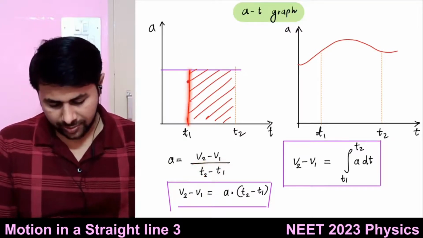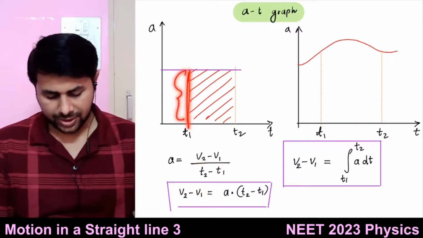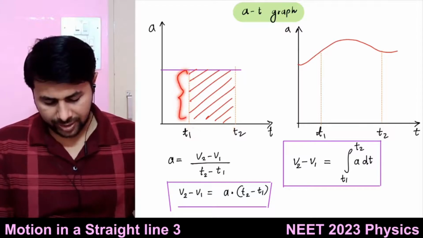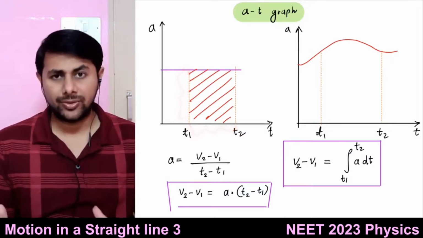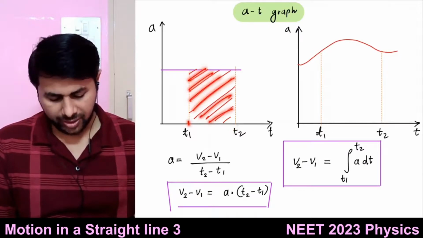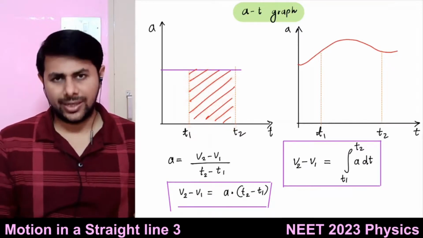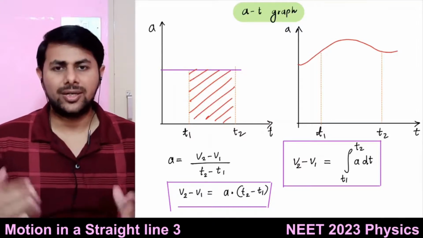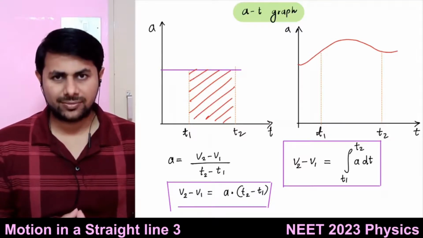So acceleration multiplied by t2 minus t1 will give you the area under this curve from time t1 to t2. So area under the acceleration versus time graph gives us change in velocity.